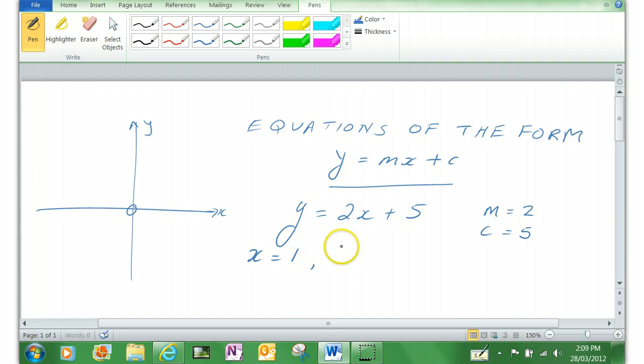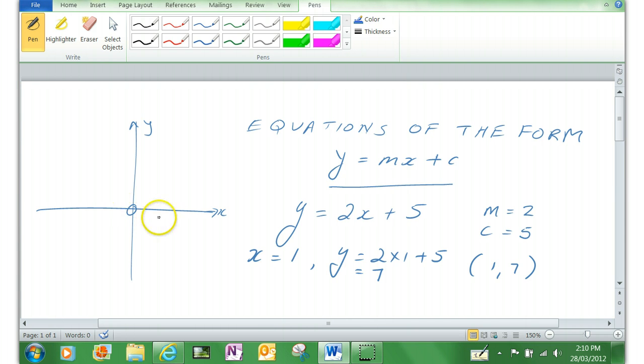Suppose x equals 1. Y will be 2 times 1 plus 5, which equals 2 1's 2, 7. So the equation up here has generated a set of coordinates which are 1, 7. So what we're saying is that that point satisfies this rule, y equals 2x plus 5.